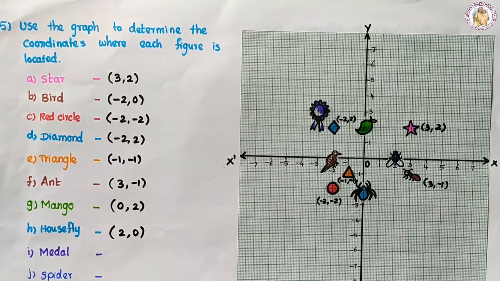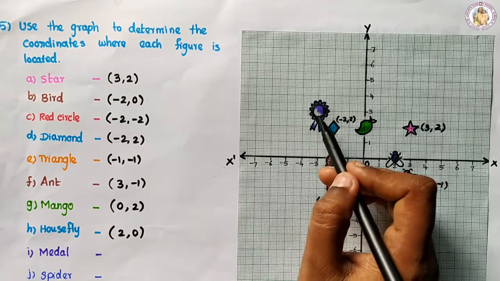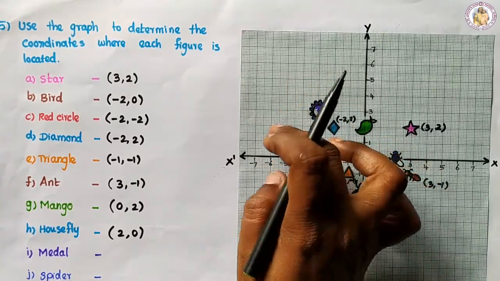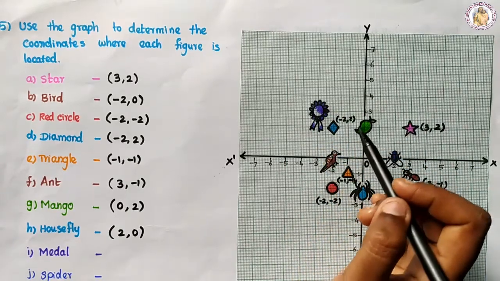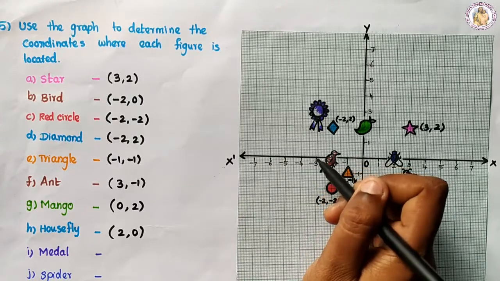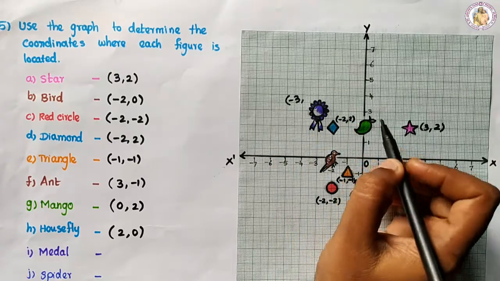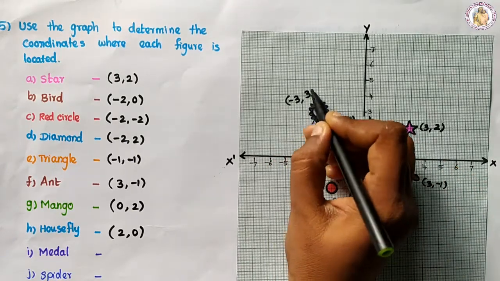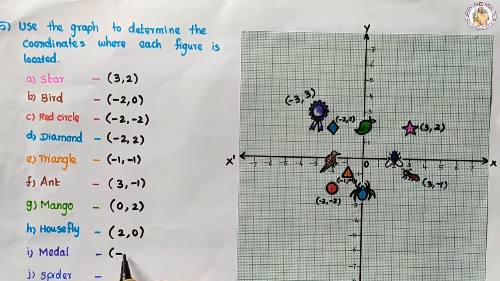So 2 comma 0. Medal. Here the medal. Which quadrant is this? First, second. Second means minus comma plus. So here x-axis is minus 3 and y-axis is plus 3. Minus comma plus, right? So minus 3 comma 3.